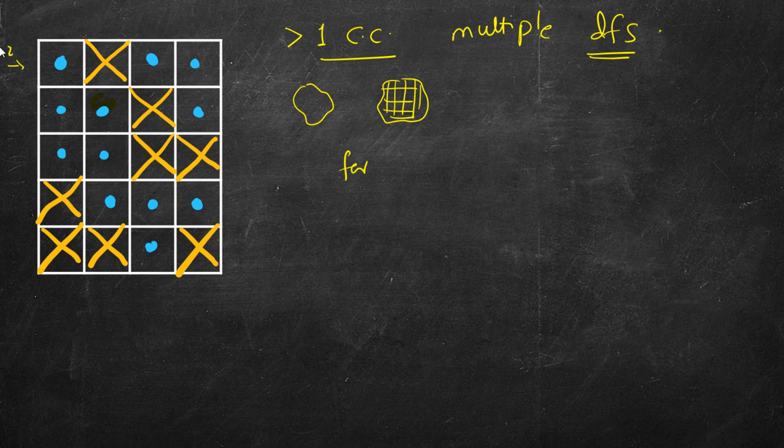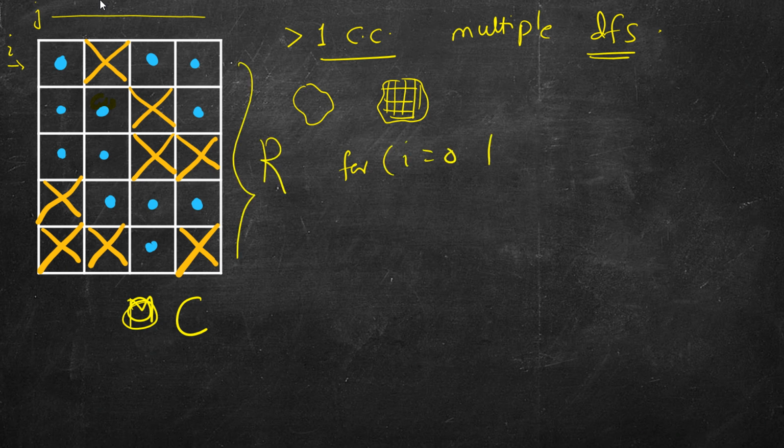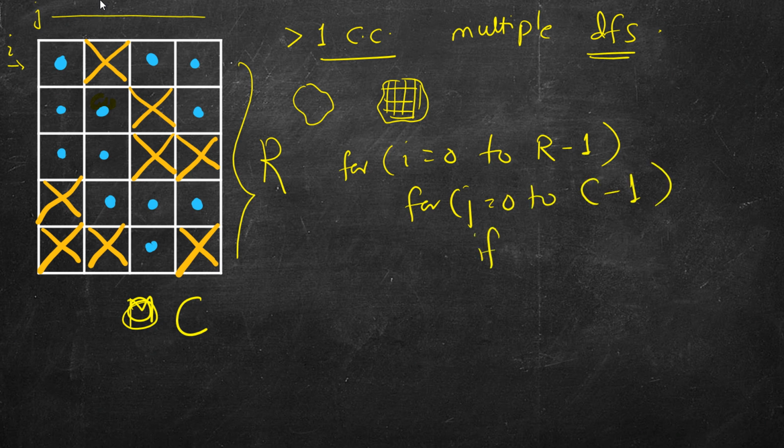Let's say this i value is iterating through these rows and j iterates through these columns, and this length is c, and the number of rows is r. So for i equal to 0 to r minus 1, and for j equal to 0 to c minus 1, if grid[i][j] is equal to 1, then we start a DFS.